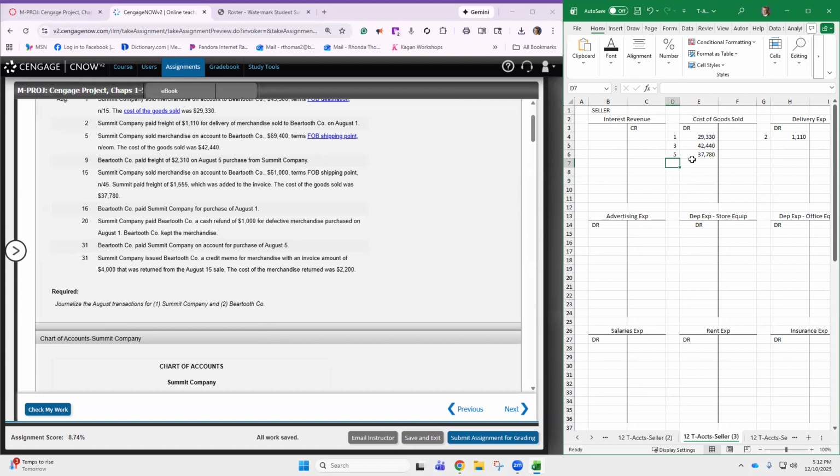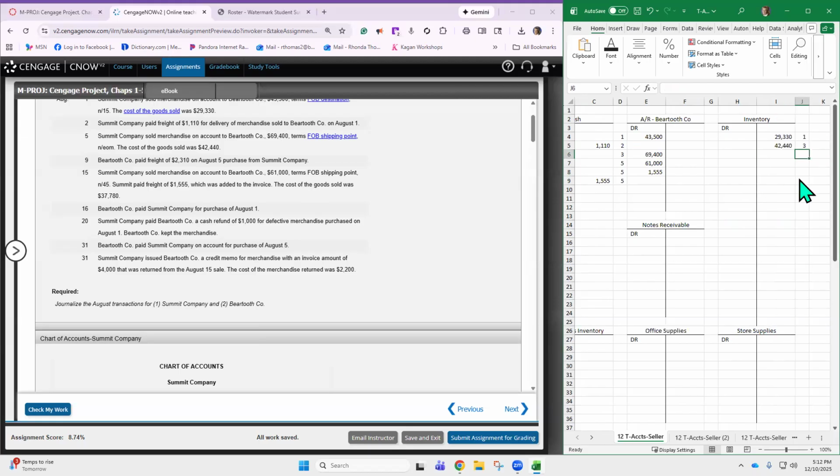And then the offset credit to that amount goes back to page 1, and it goes down in inventory, right? Because we're selling Beartooth something. And this is transaction 5. So transaction 5 actually affected 6 different accounts. So I usually try to take 2 at a time if they're going to equal each other.